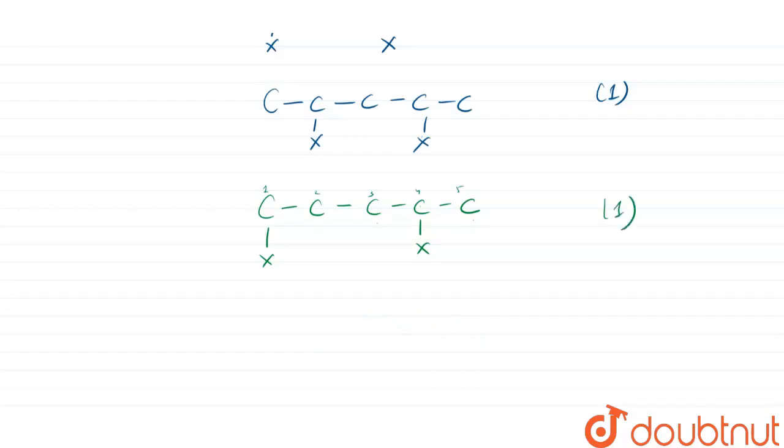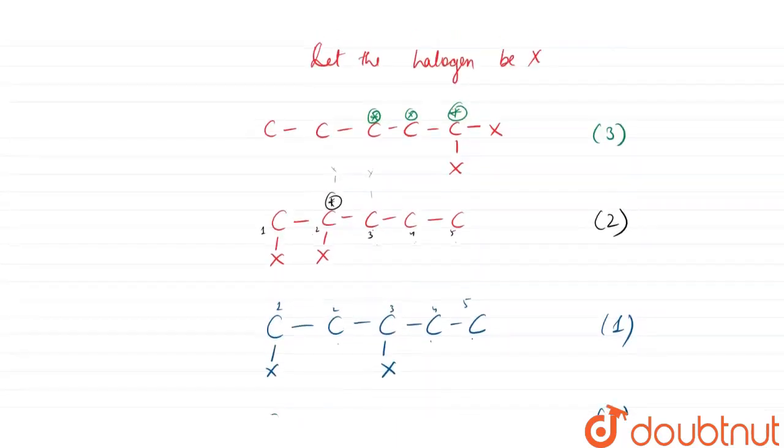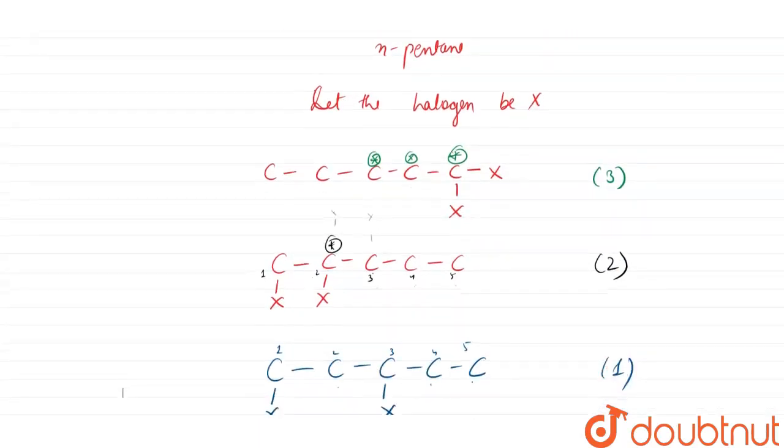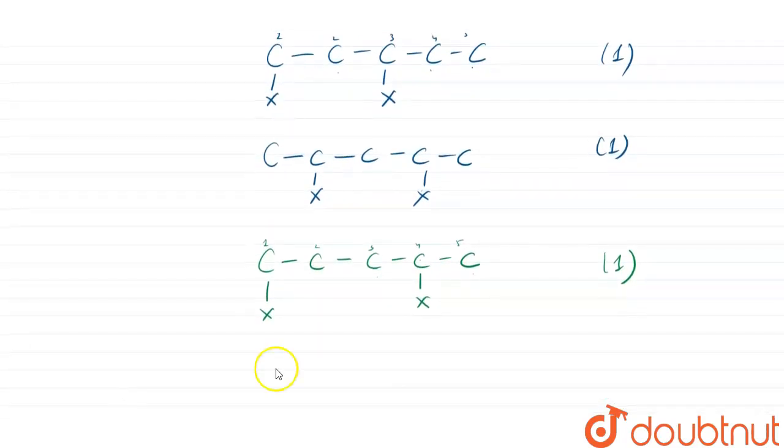So let us count the structures. That is 3 here, 2 here, and then 1, 2, 3, 4, 5, 6, 7, 8, and one more structure will be there, that is, both the halogen atoms are attached at the terminal positions.